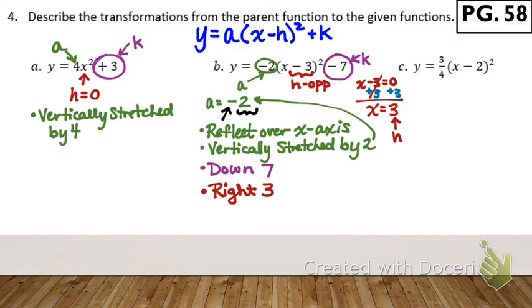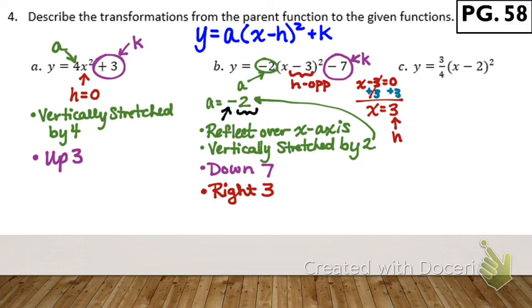K is a positive 3. H is what takes things left and right because H is there with X. So K takes things up or down. Which way is this one going? Up. Yep. We are going up 3. Last one, and we'll call it a day.